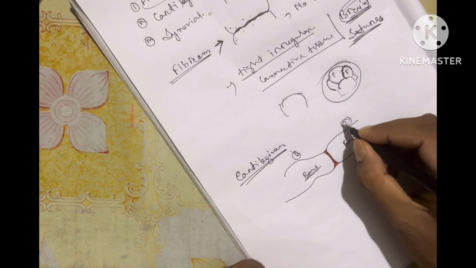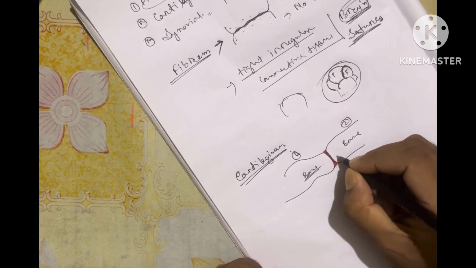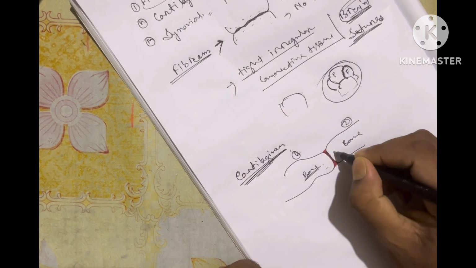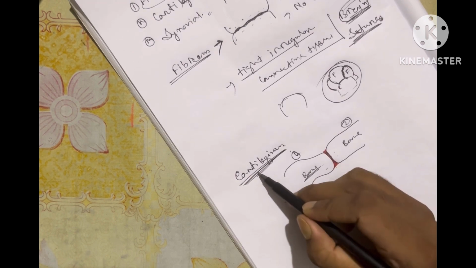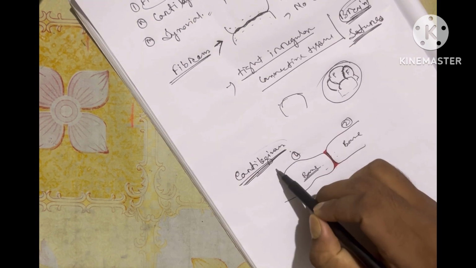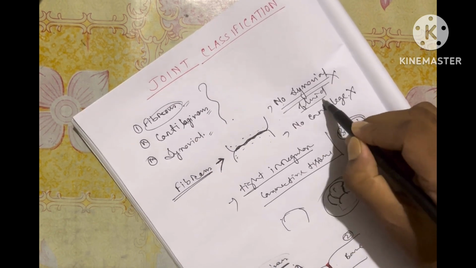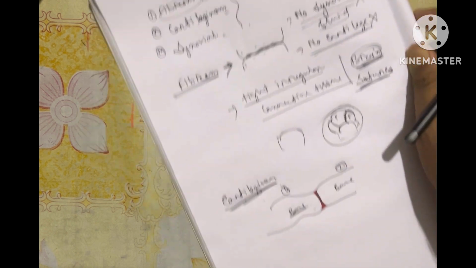If bone number one and two are connected by some kind of cartilage, then it is called a cartilaginous joint. Joints in which cartilage is present are called cartilaginous joints. Joints where no synovial fluid and no cartilage is present are called fibrous joints.